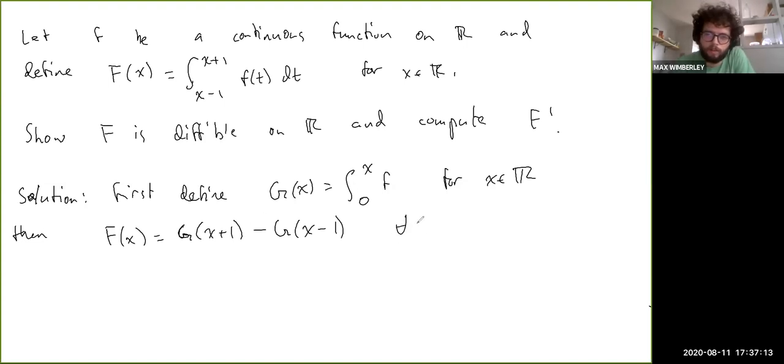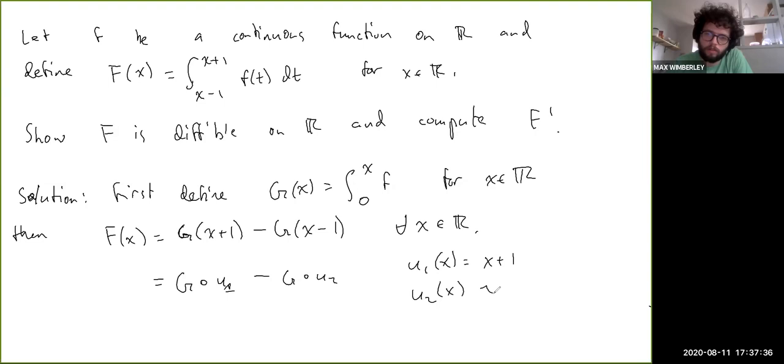That's just for all x in R. So this is like G composed with u1 minus G composed with u2, if you want to be really careful about it, where u1 of x is x plus 1, u2 of x is x minus 1.